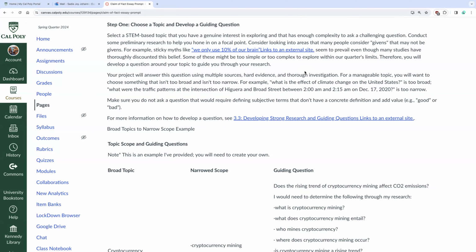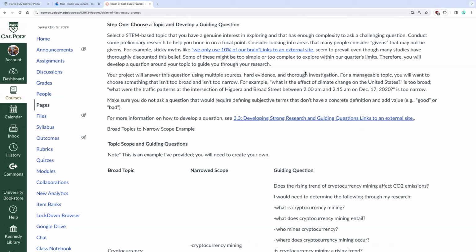So obviously, some of these sticky myths might be too simple or too complex to explore within our quarter's limits. Therefore, you want to develop a question around your topic to guide you through your research. So for your project, you'll answer this question by using multiple sources, hard evidence, and a very thorough investigation.